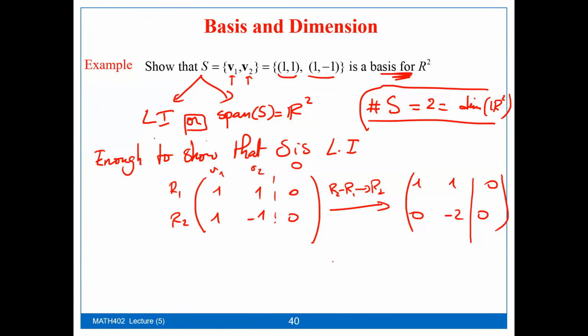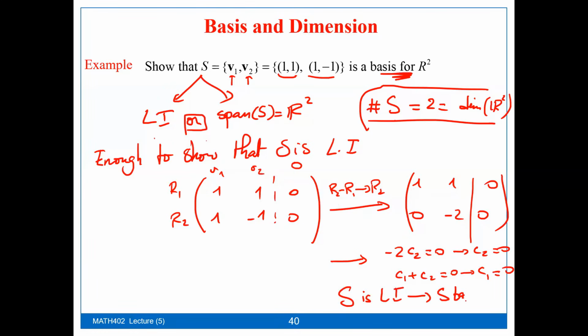This means we have two leading ones. So minus 2 C2 is 0, so C2 is 0. C1 plus C2 is 0, so C1 is 0. Okay, this means that yes, S is linearly independent, so S is the base of R2.